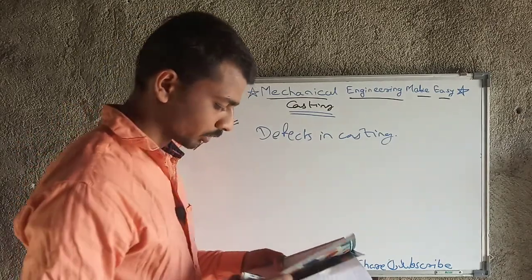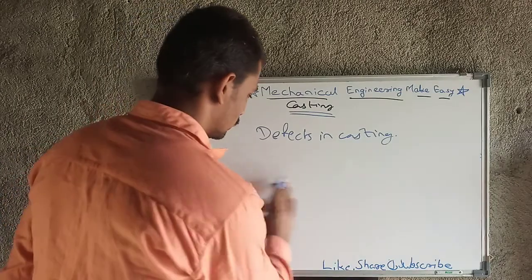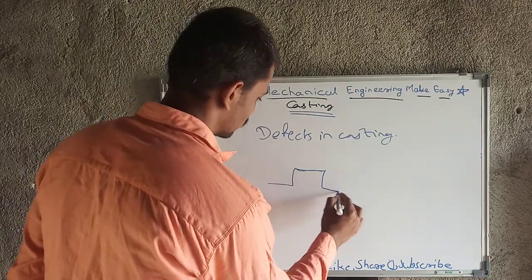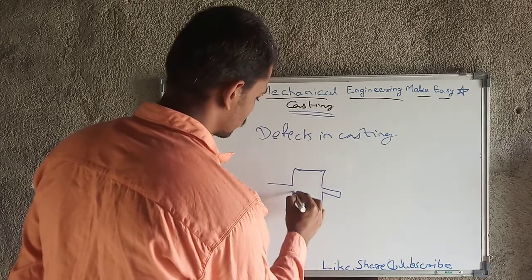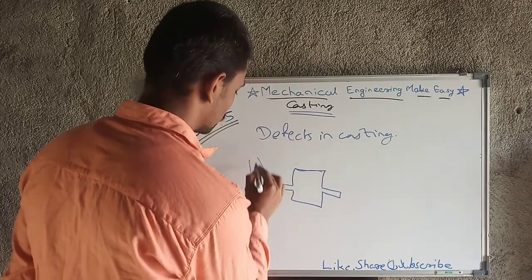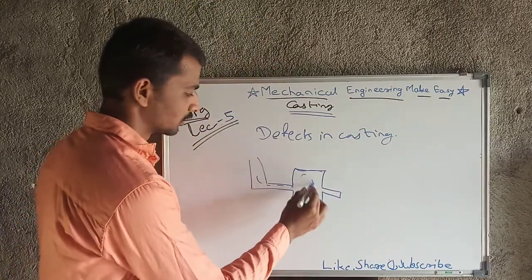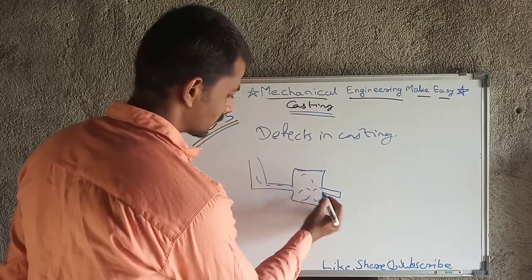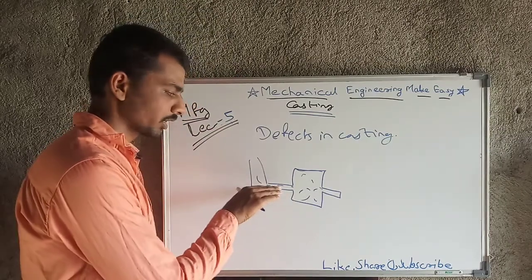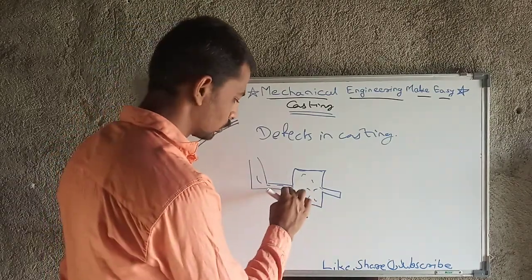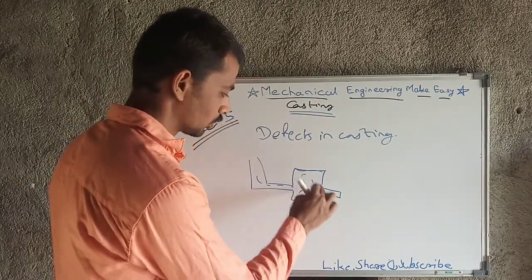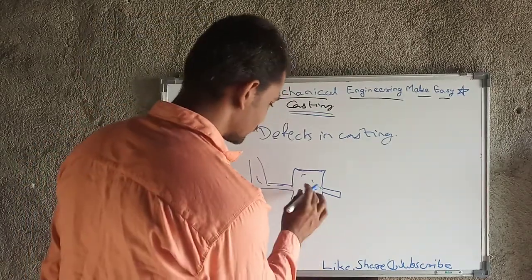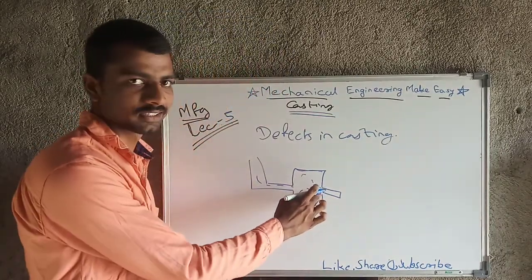Then cold shut is nothing but, again what I showed you in the case of misrun, if this is the cavity, molten metal will come and the cavity will be filled, but as the area is also decreased and the molten metal needs some time to go from here to here, there may be chances that the molten metal will solidify at this section.